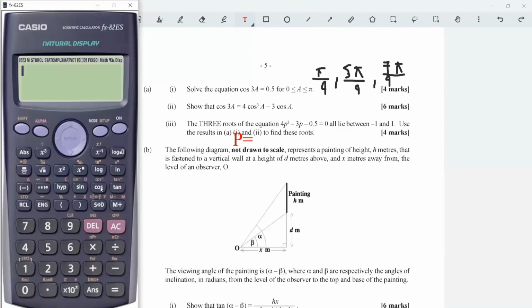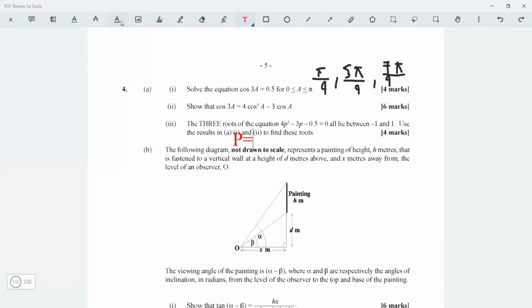Is my calculator in radians? Put it in radians. The cos of pi by 9 is 0.939. Notice it lies between -1 and 1. Guys, if you get an answer that doesn't lie between -1 and 1, you know something went wrong.